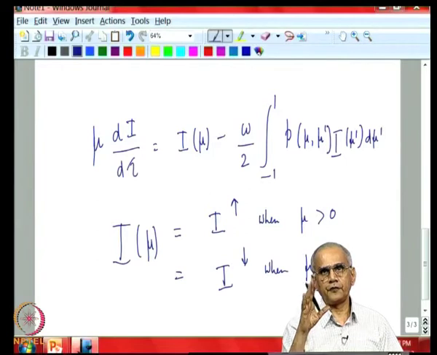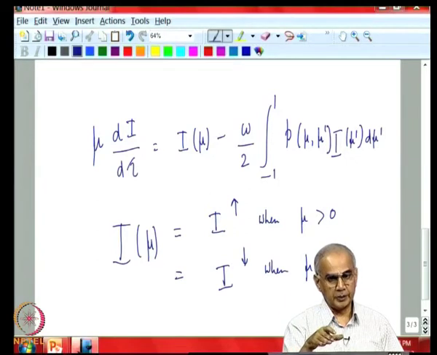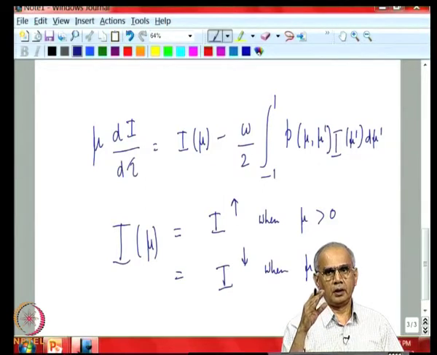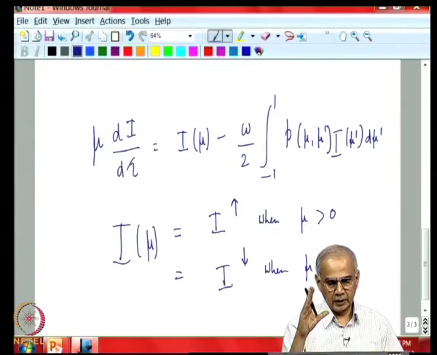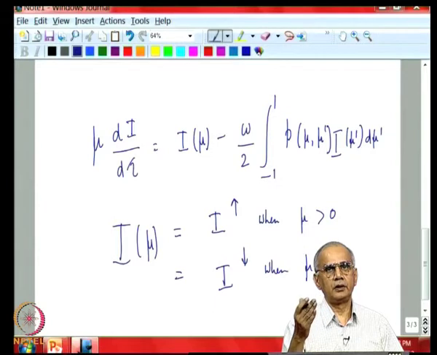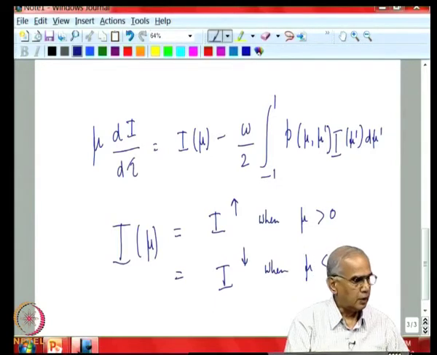So, after averaging over all azimuth angles, you are making a further approximation that the intensity is not varying with mu in the upper and the lower hemisphere, but the intensity upwards and downwards are not the same. So, you want to fundamentally account for the fact that intensity depends on whether it is going up or going down, but within each hemisphere we are ignoring the variation.